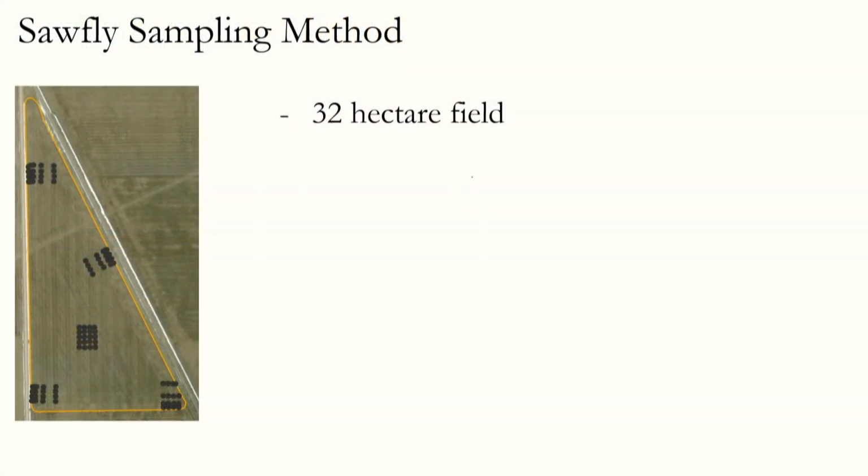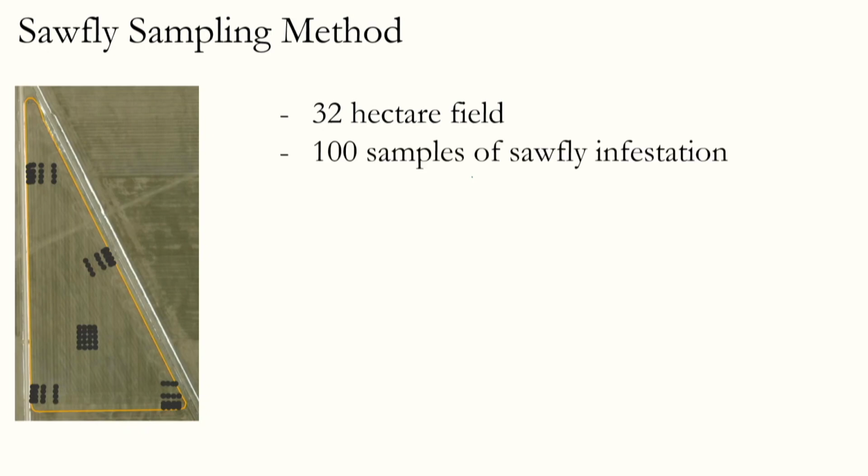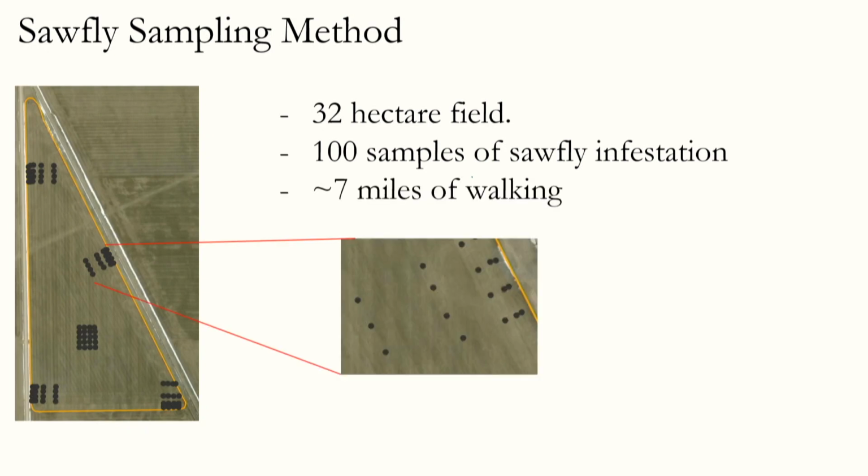And so the technique we've been using is to go out to a field post-harvest and collect a number of stem samples from across that field. So for example, this was a 32 hectare field, and you can see our sampling blocks across it. So we grabbed 100 samples, and the reason they're placed in these blocks is that to do this configuration was about 7 miles of walking.